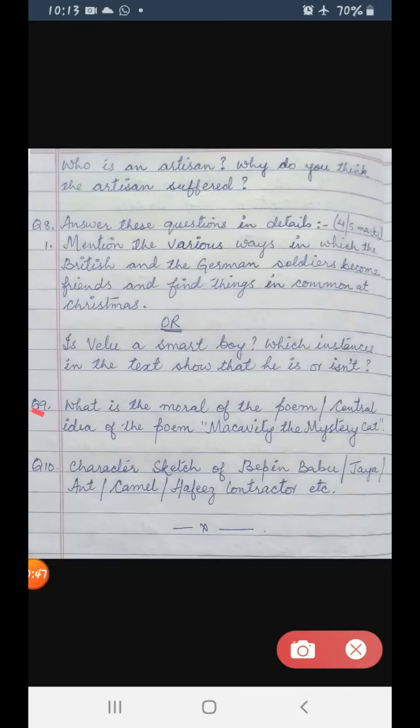Okay, now see question number 9. What is the moral of the story, or central idea of the poem? Here I can give anything, but in this sample paper I have just given Macavity the Mystery Cat.